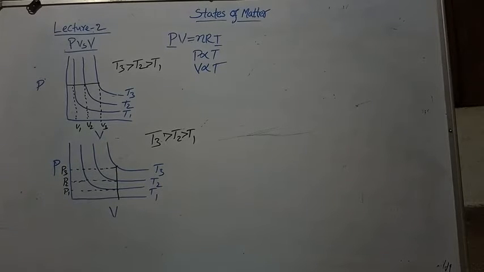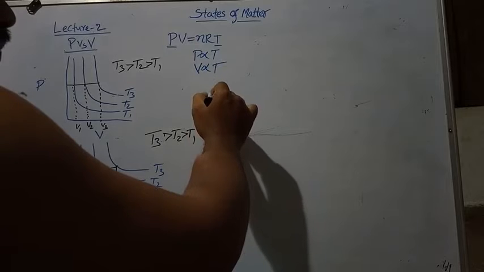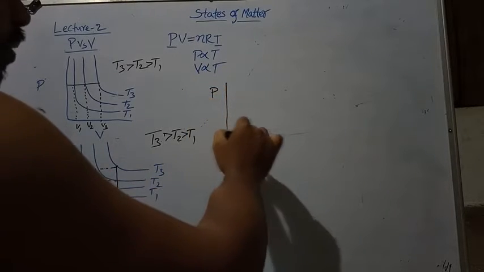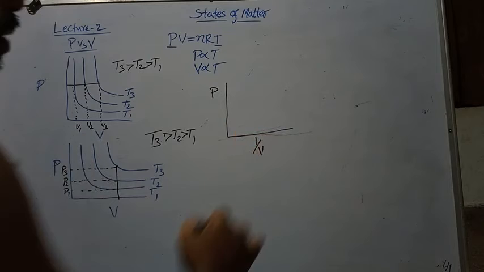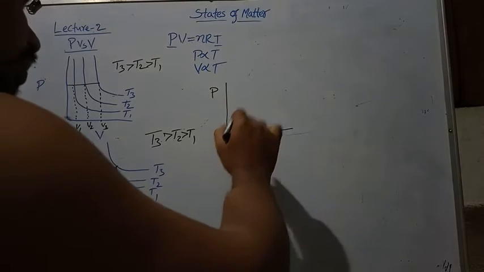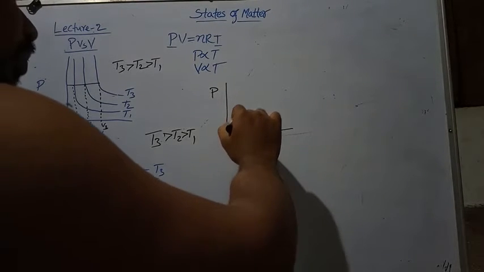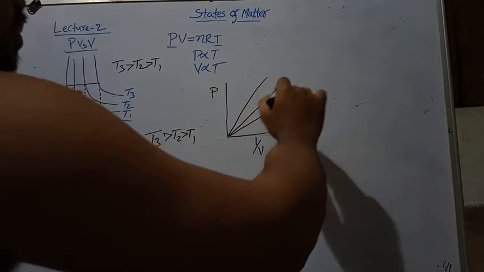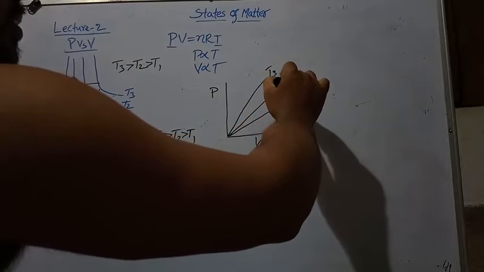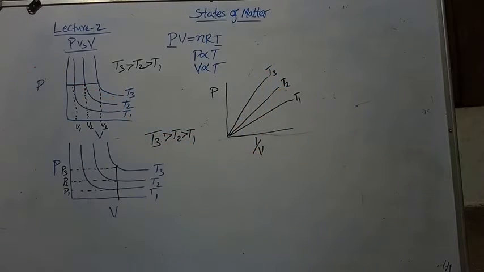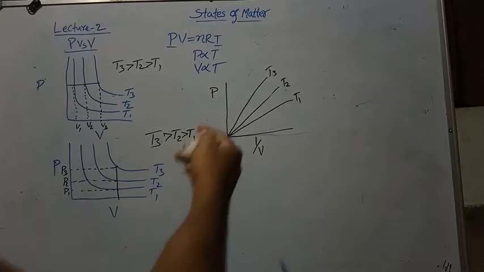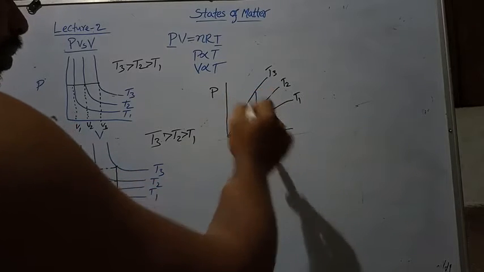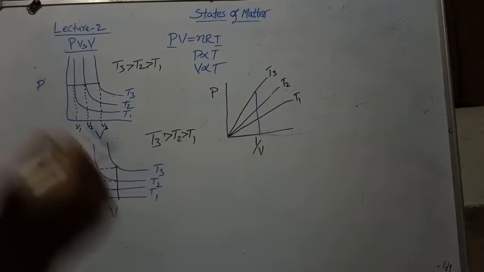Similarly, if you go with another graph, pressure versus 1 by V, previously I told that the graph will pass through the origin. At different temperatures the graphs will come. This will be T3, T2 and T1. Here I am fixing the volume term as constant.